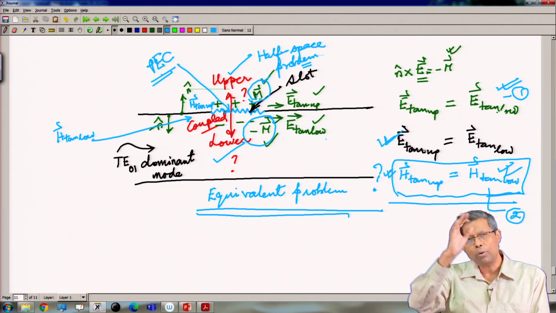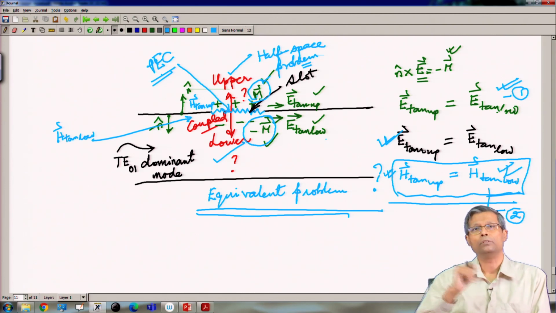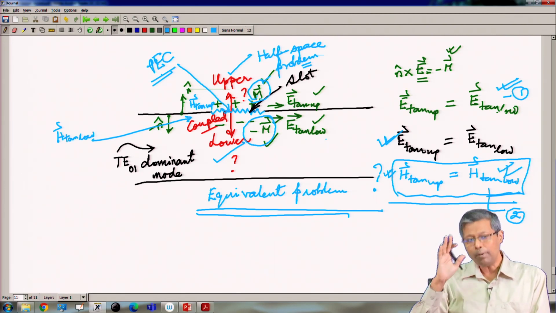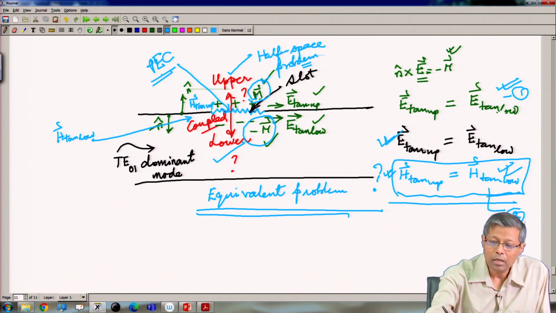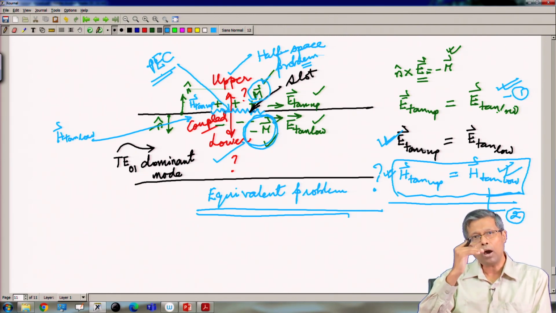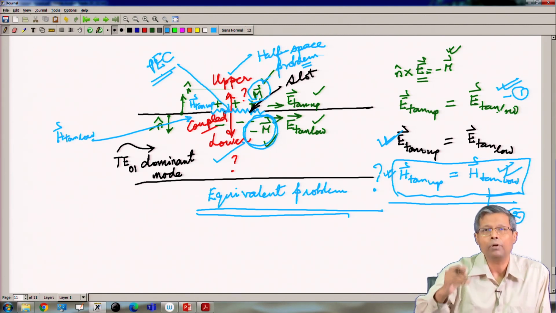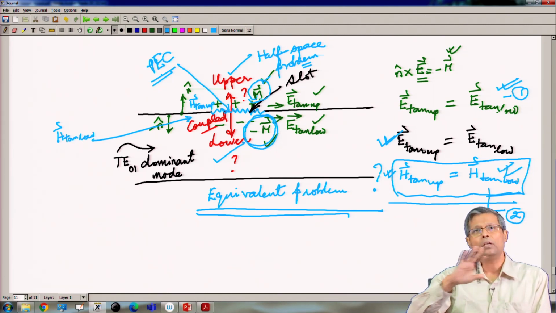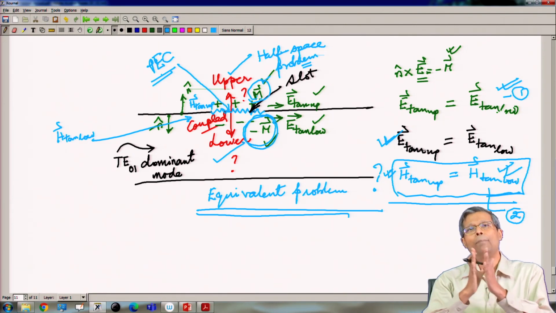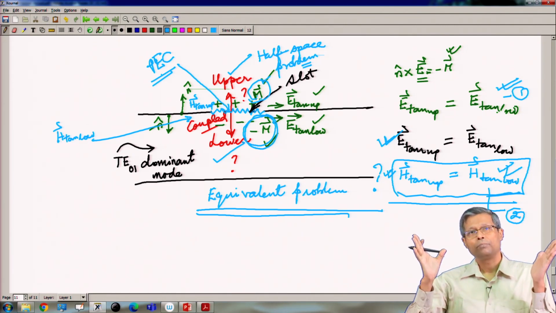That problem is decoupled, that is irrelevant to me. Similarly, when I calculate the radiated field due to this magnetic current minus M residing on the lower surface of the conductor, the upper part of the problem is completely irrelevant to me. So, therefore, a complete decoupling is achieved.